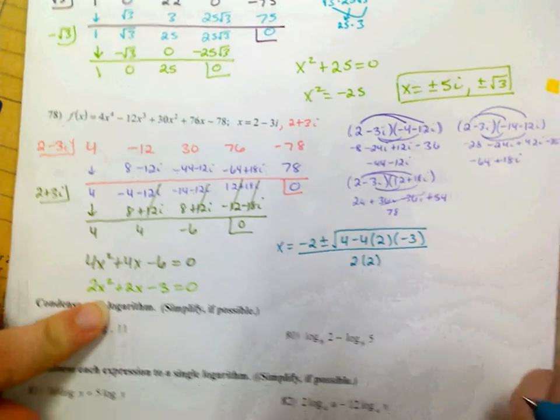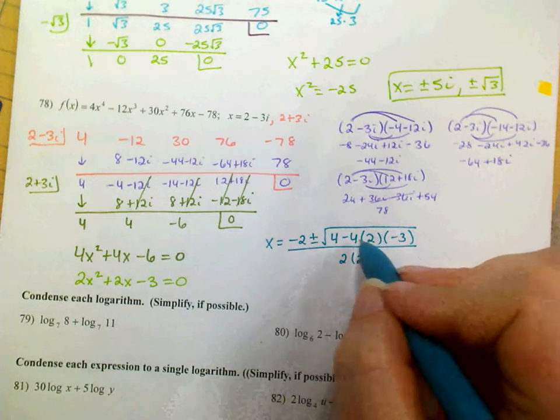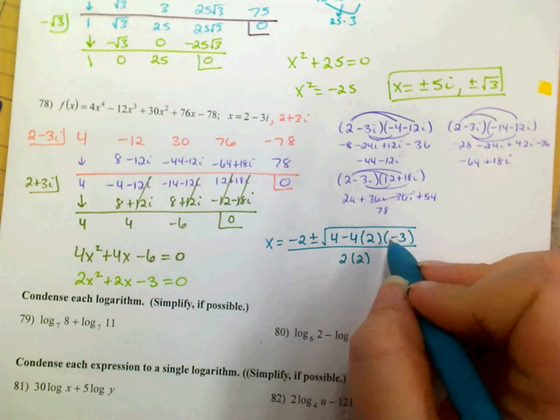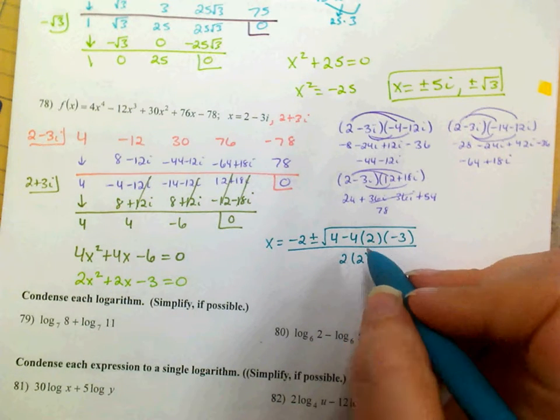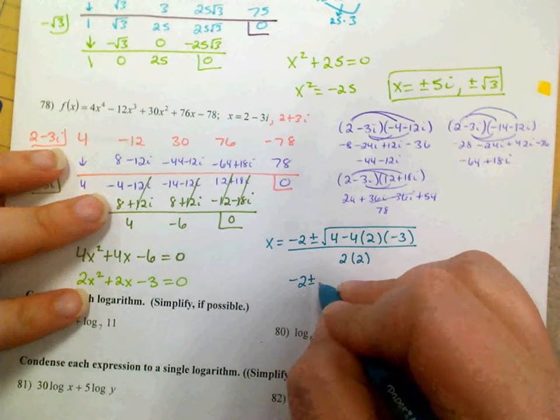So 2 times negative 3 is negative 6. Negative 4 times negative 6 is positive 24, so it's actually 4 plus 24, which is 28. So negative 2 plus and minus the square root of 28 over 4.